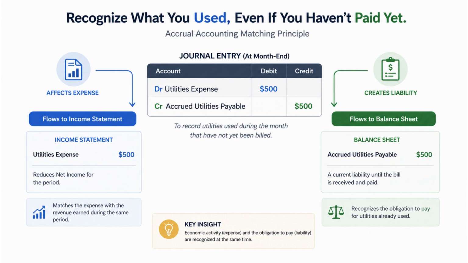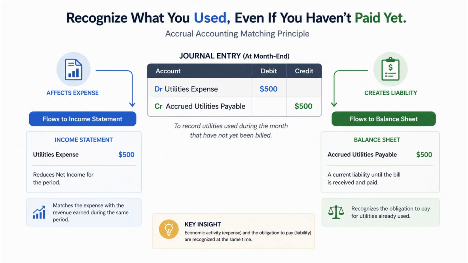So of course, that raises the question of how do we make the adjustment, or what is the adjusting entry? So at month end, we fix the timing, and this is in our adjusting entries process at month end. We record the expense when it actually occurred. So we debit our utilities expense account and we credit our accrued utilities payable for the amount that considers the economic value that was consumed during that period.